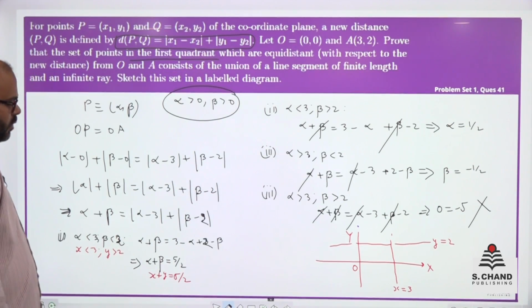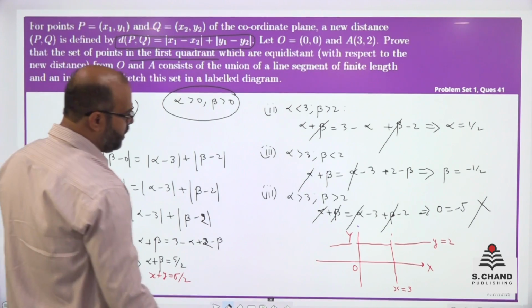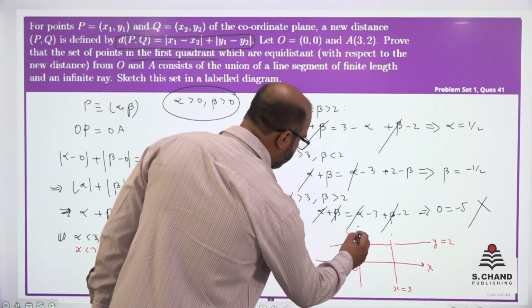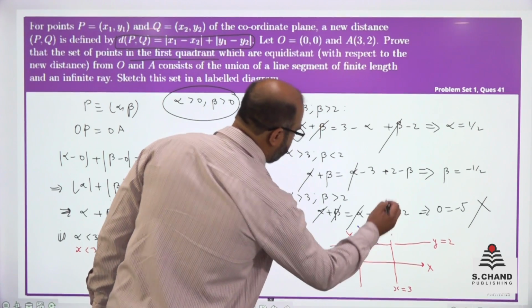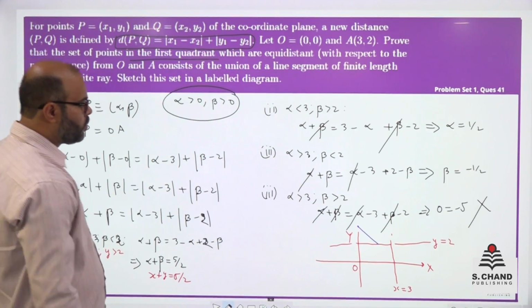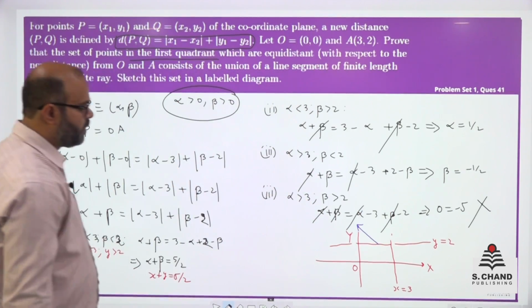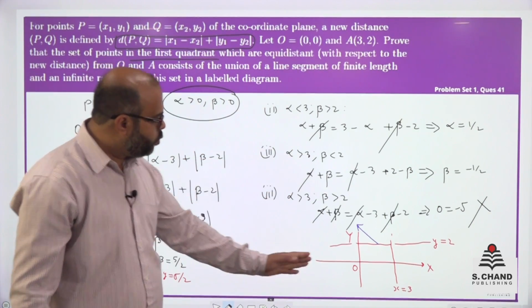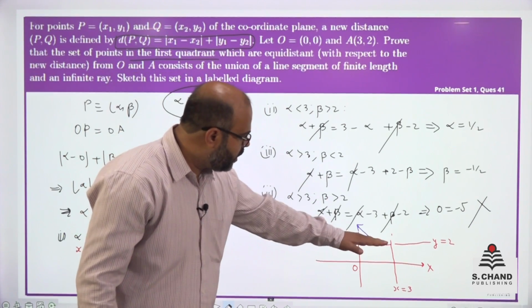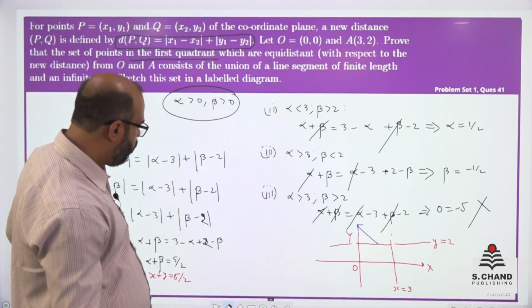And x + y = 5/2 becomes a line like this, right? So this is a ray originating like this. What about alpha less than 3, beta greater than 2? There beta was smaller than 2. Oh, sorry.